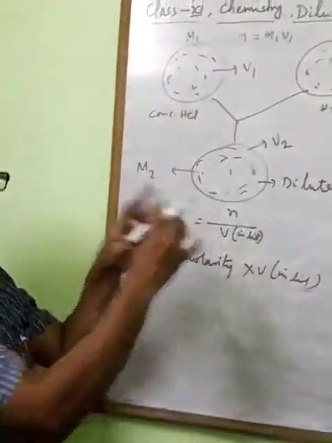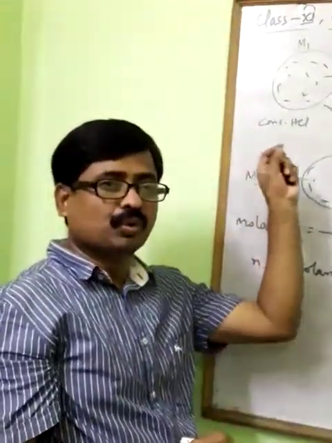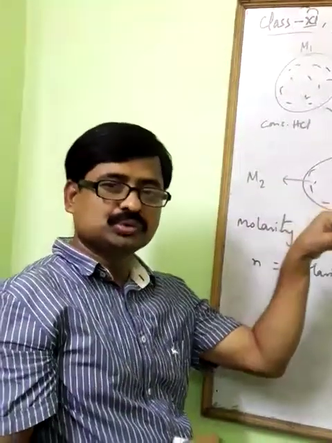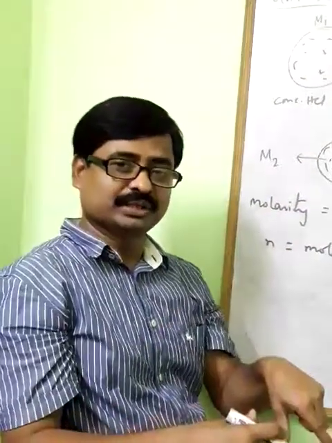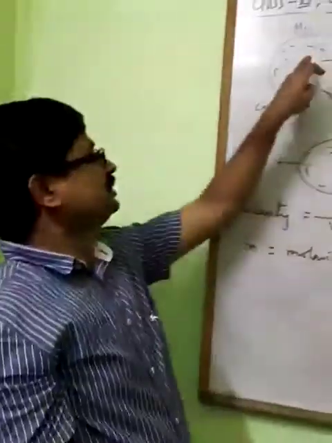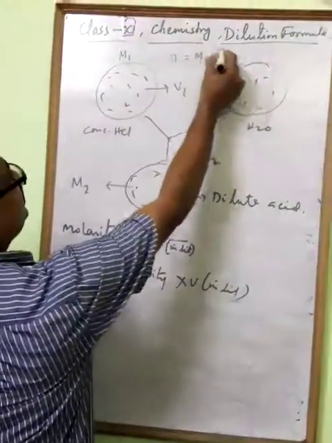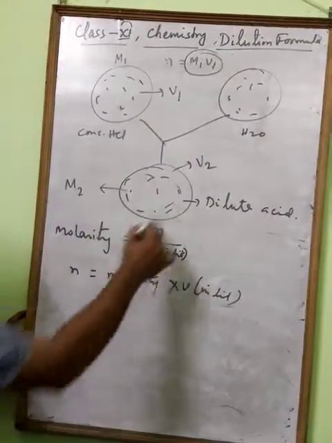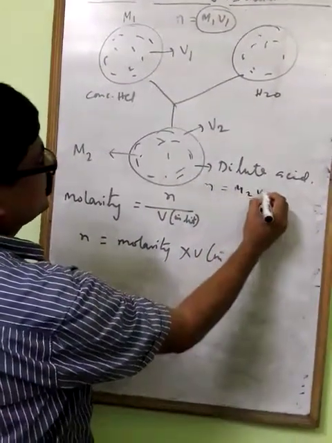What is the formula? Before addition of water, the number of moles will be equal to the number of moles after addition of water. So here the number of moles is M1 V1, and in this case N is equal to M2 V2.